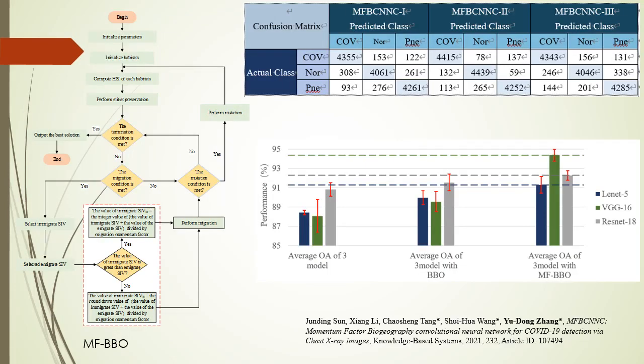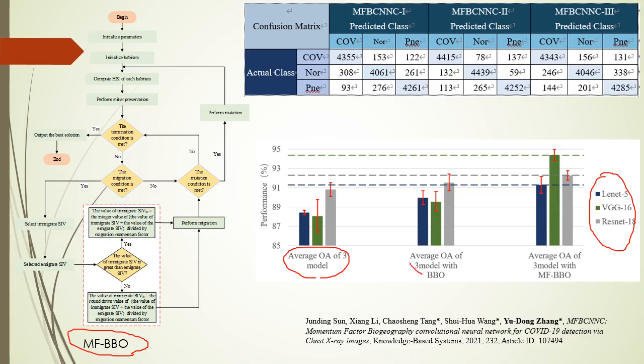On the right side, we can see the flowchart of the proposed MF-BBO. Then we tested 3 pre-trained models: LeNet5, VGG16, and ResNet18. We tested the CNN models without any optimization algorithms, and you can see the overall accuracy in this flowchart.